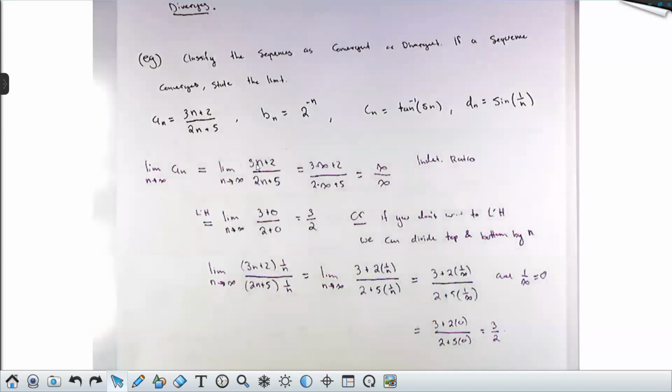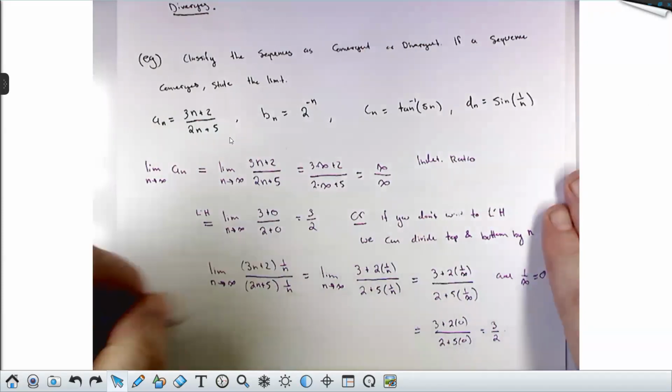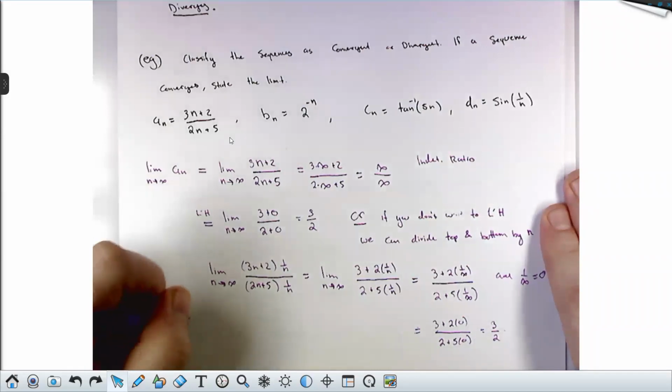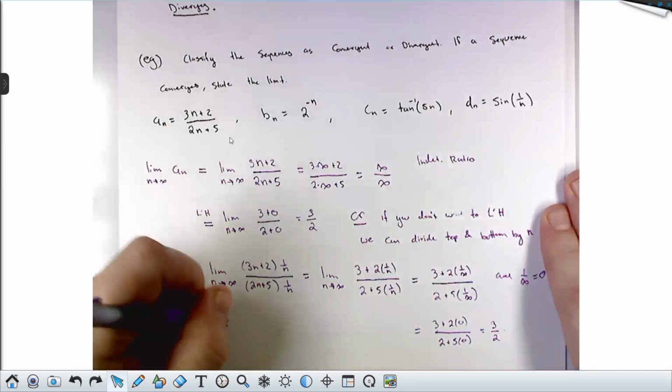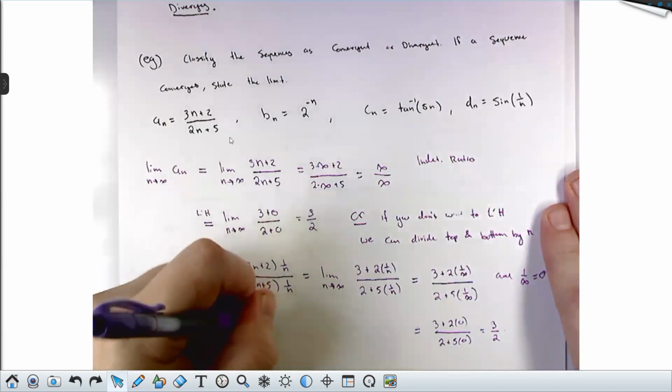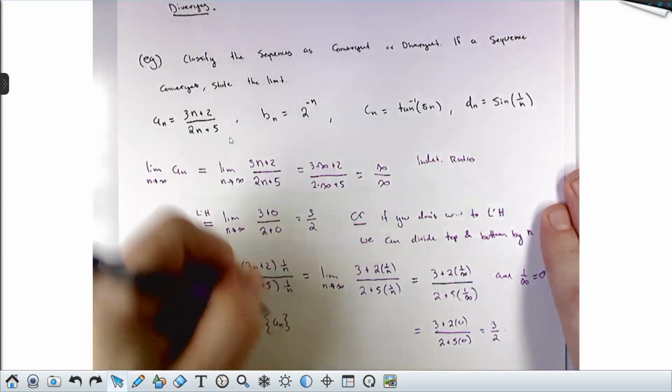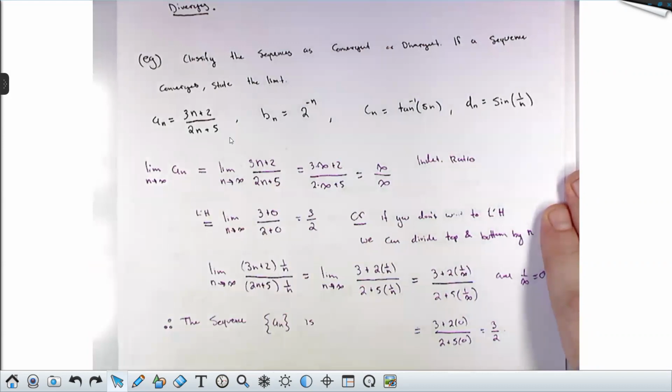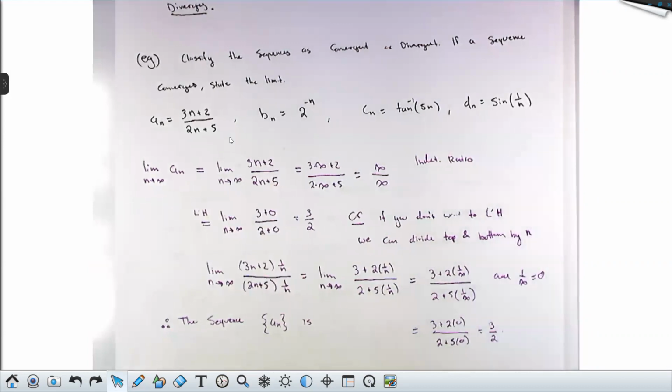So what's true about the sequence AN? We want to classify as convergent or divergent. Is the sequence AN convergent or divergent? Convergent, yeah, very good.